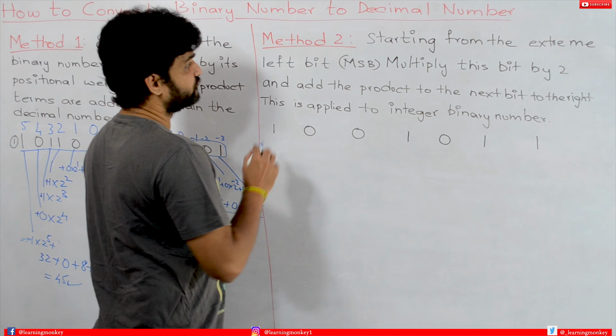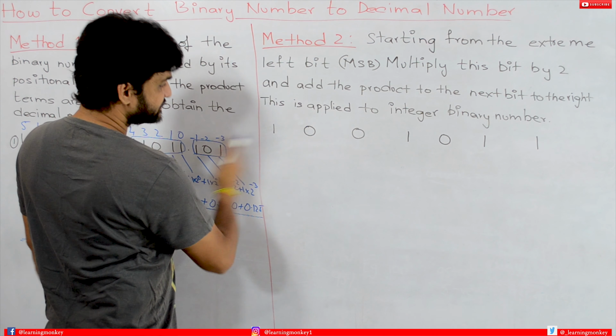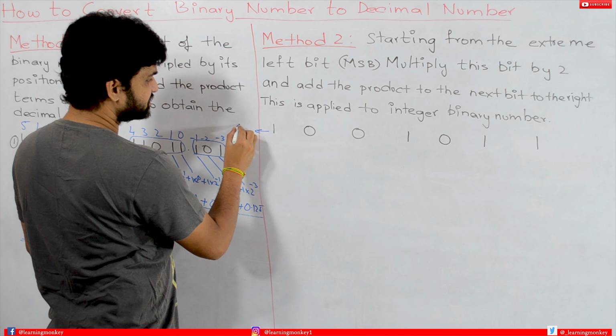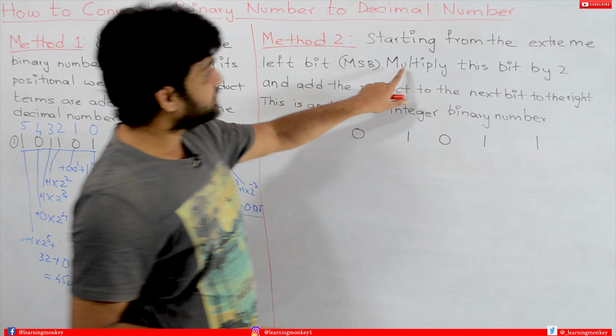How to do this method? Starting from the extreme left bit. Extreme left bit means it is MSB, the most significant bit.